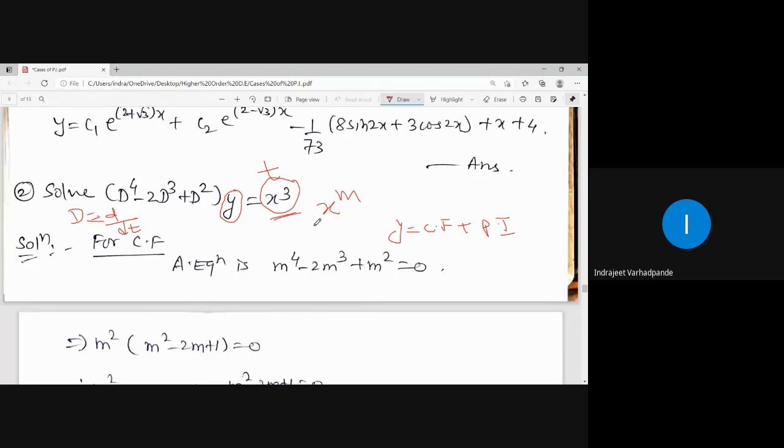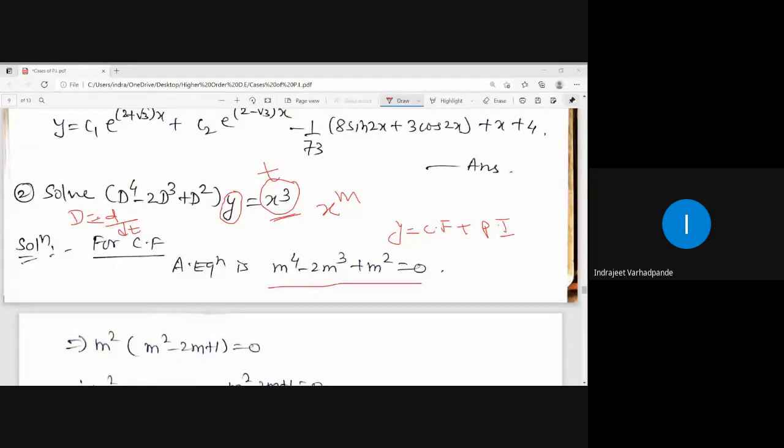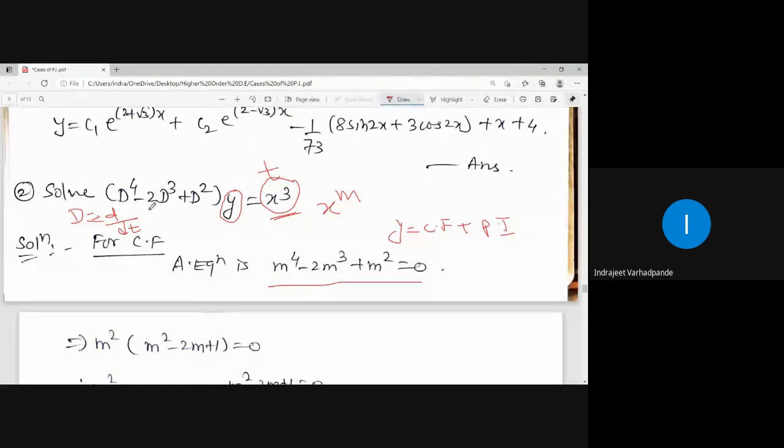Now from the LHS, equating it to 0, I find the complementary function. So I convert the given differential equation into the operator form, as it is already given, and then we write down the complementary function by noting down the auxiliary equation.